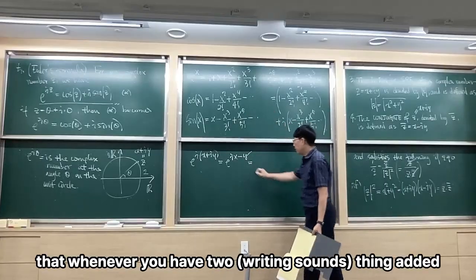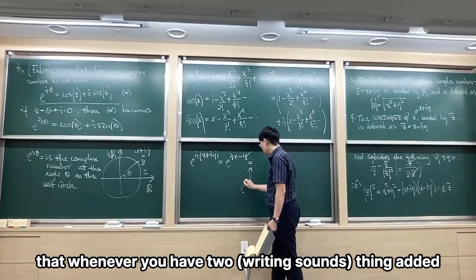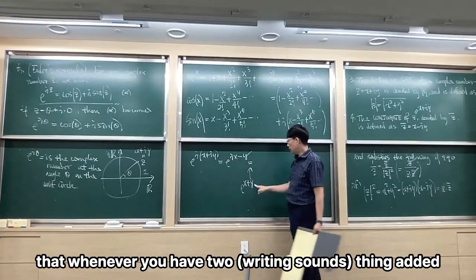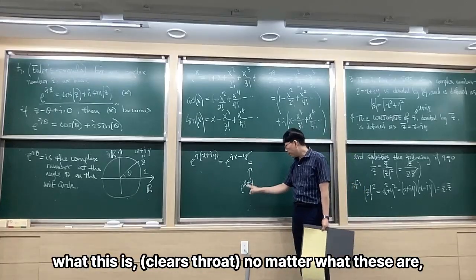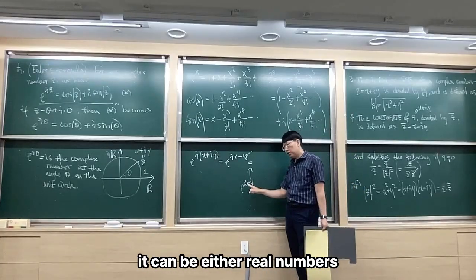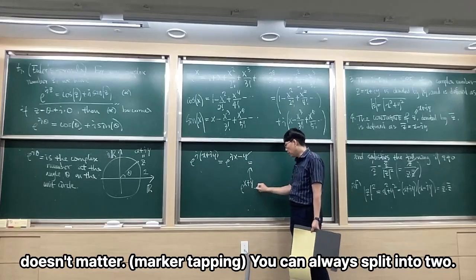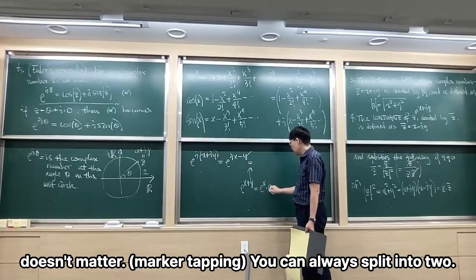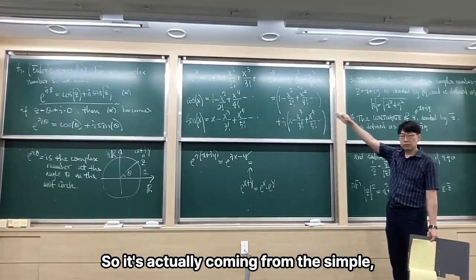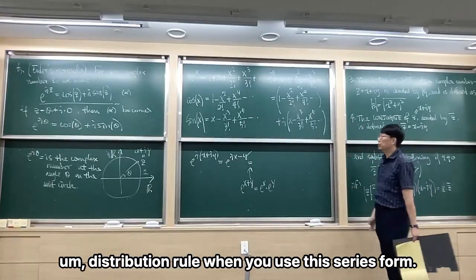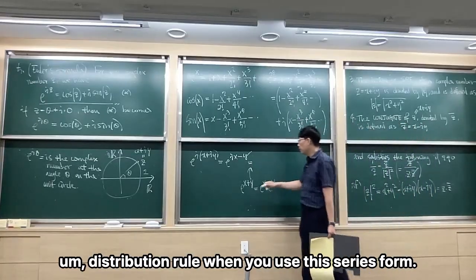It's also a property of the exponential function, if you define it this way as a series, that whenever you have two things added together, no matter what these are, real numbers or complex numbers, doesn't matter, you can always split into two. So it's actually coming from the simple distribution rule when you use the series form.